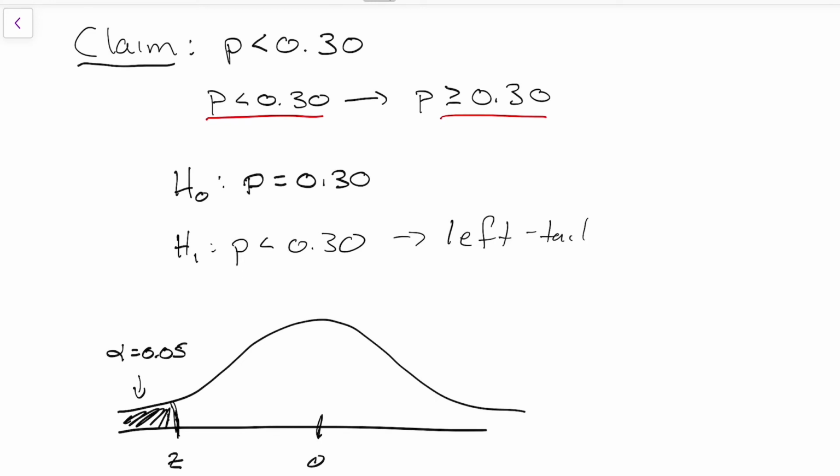If we look at where we are on this number line, this is definitely going to be a negative z-score because we're to the left of 0.